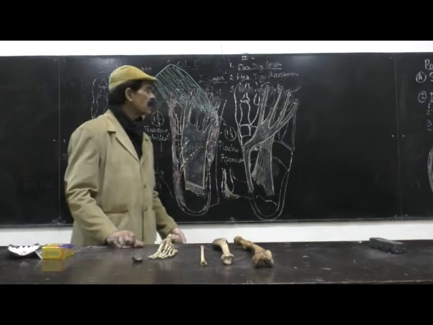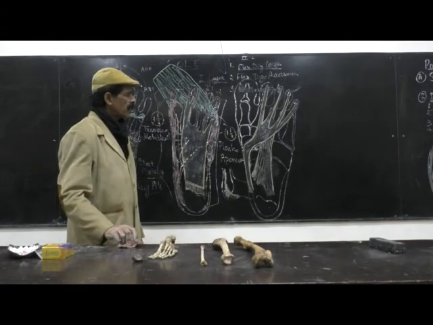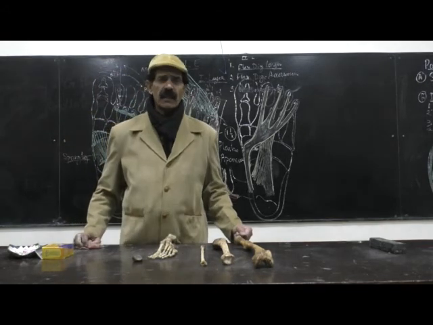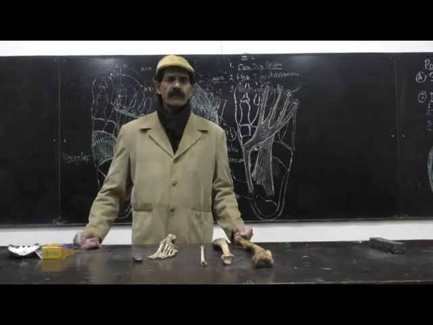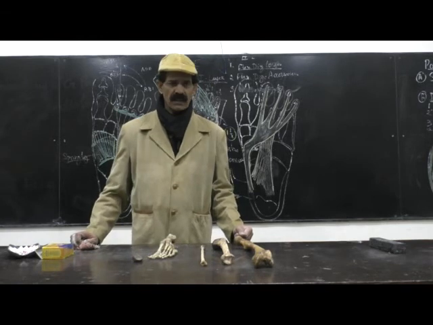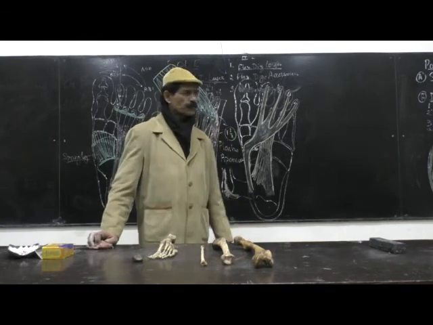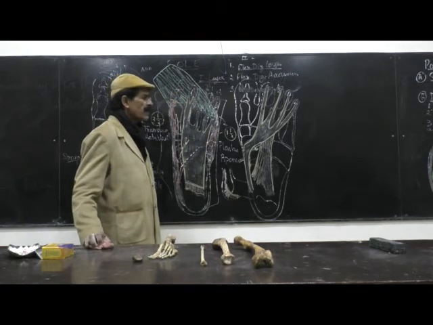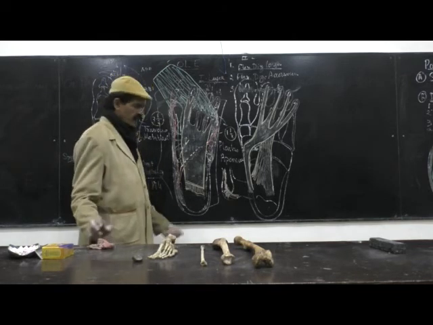Now comes the lumbricals. The word lumbrical means worm-like, earthworm. They are cylindrical, earthworm-like small muscles which take origin from the tendons of the flexor digitorum longus muscle. And these lumbrical muscles, like worms, go anteriorly. There are 4 lumbricals.